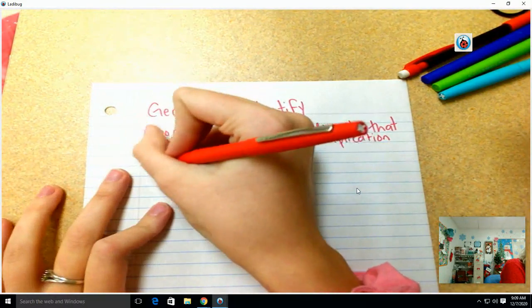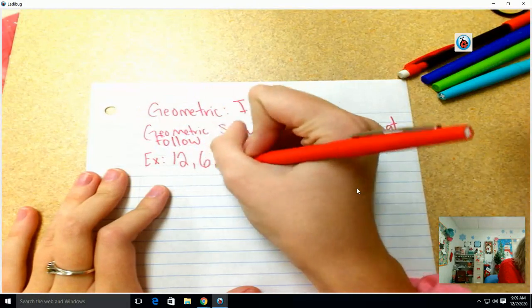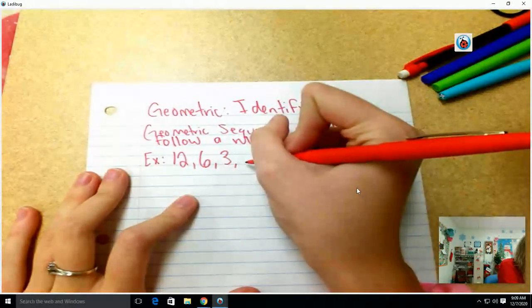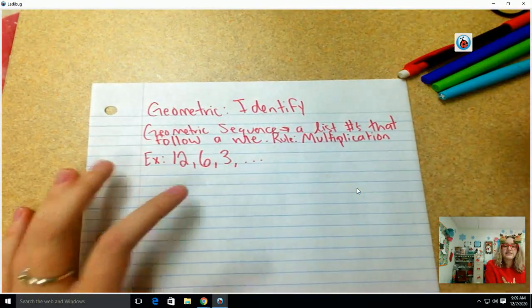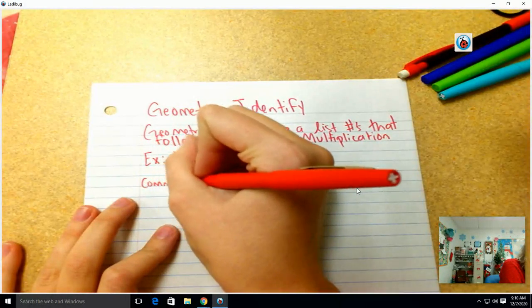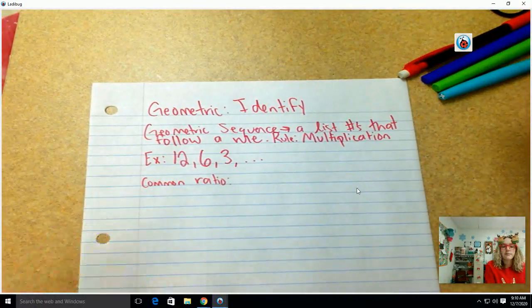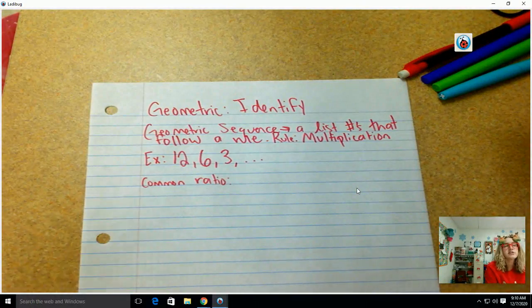So for example, if we are given the sequence 12, 6, 3, and we're asked to find the common ratio. Arithmetic has the common difference. This is going to have the common ratio, which is essentially the same idea.